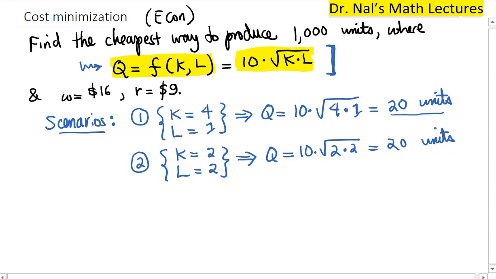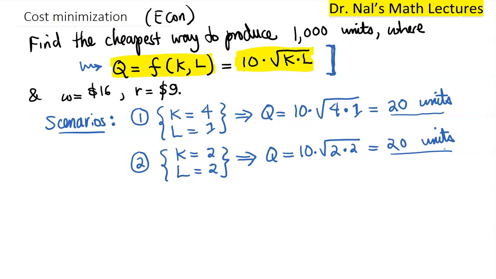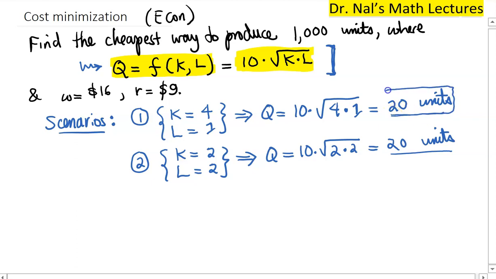So it's giving us flexibility: if your goal is to produce 20 units, so far we have found 2 different ways of doing it. My technology enables me to accomplish that in at least 2 different ways. Either I can combine 4 machine hours and 1 labor hour, and those combined will give me 20 units of output, or alternatively I can combine 2 machine hours with 2 labor hours, and again I would come up with the same output.